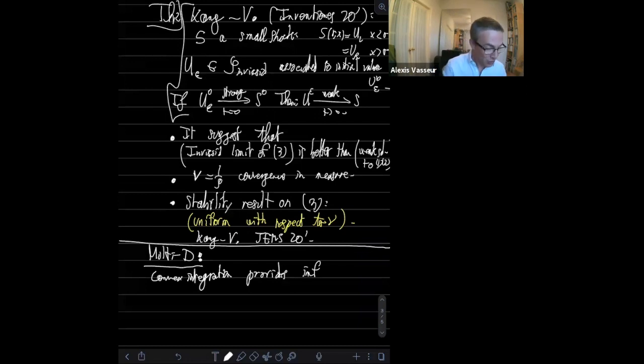I mean, it's not even non-unique, right? Infinitely many solutions with a single shock initial value.